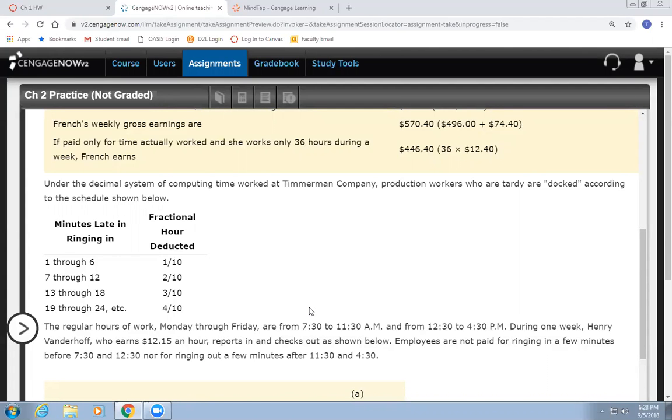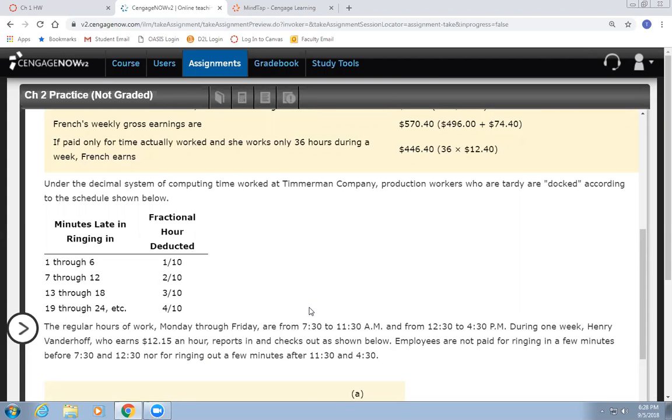And they get deducted hours worked if they're late clocking in. So they're not actually getting paid per minute, we're not tracking per minute, but they're getting deducted for time. If they're 1 to 6 minutes late, then they get 1/10 of their hour deducted, okay? 7 to 12 minutes late, they get 2/10. 13 through 18 minutes late, they get 3/10 of an hour deducted.